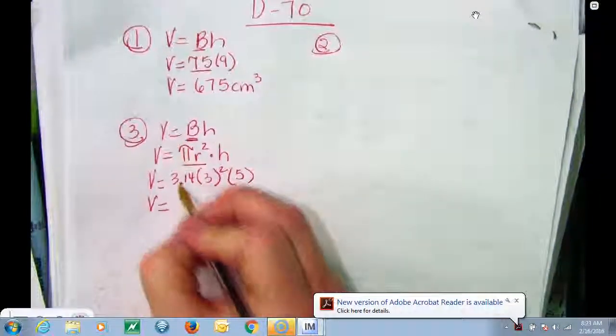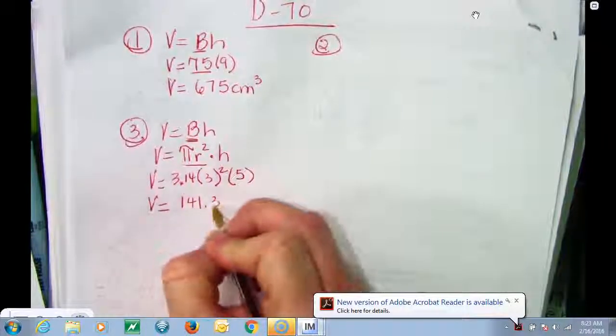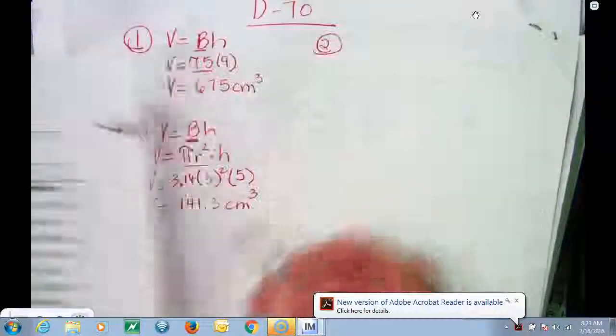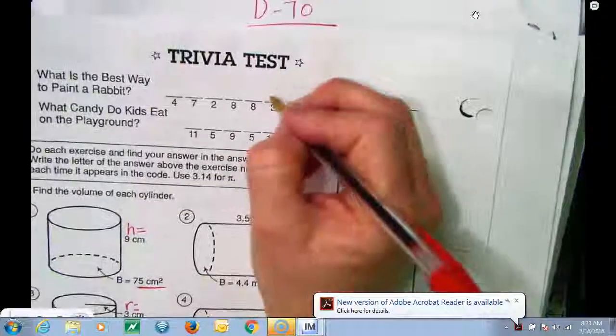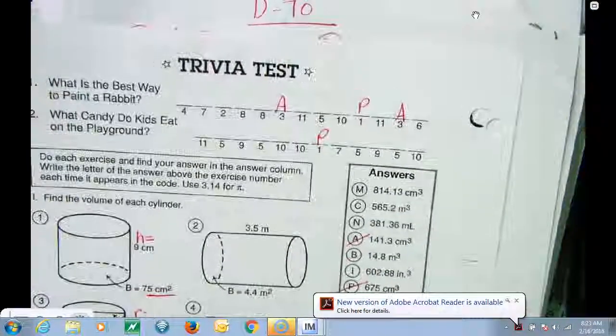What do you get? The fourth one down, A. God bless you. 3 is A. 3 is A.